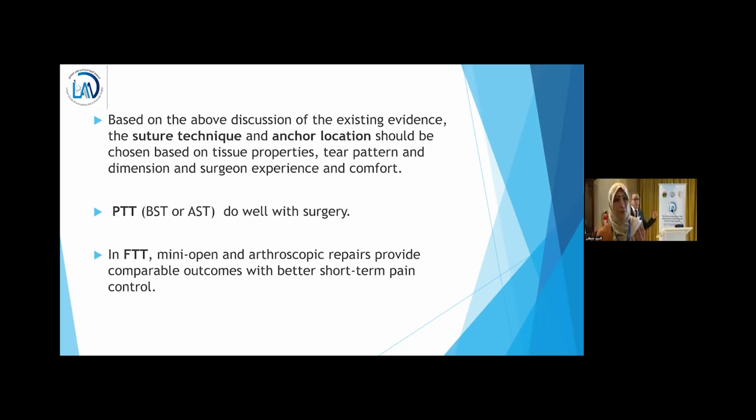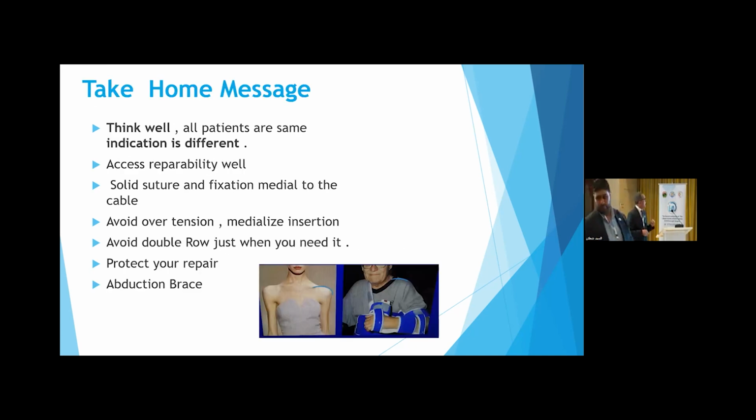Partial thickness tears, whether bursal side or articular side, do well with surgery. In full thickness tears, mini-open or arthroscopic repair provides comparable outcome with better short-term pain control. The take-home message: think well, all patients are the same, but the indications are different.